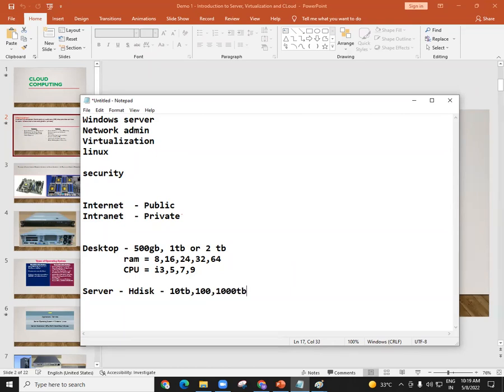I'm saying 1000 TB. I'm not saying 1000 GB here. So in a server, hundreds and thousands of TB of hard disk can be connected. Coming to RAM, we can have like 32 GB RAM, 64 GB RAM, or we can have like thousands of GB of RAM. Coming to CPU, how many CPUs will be there in a machine?